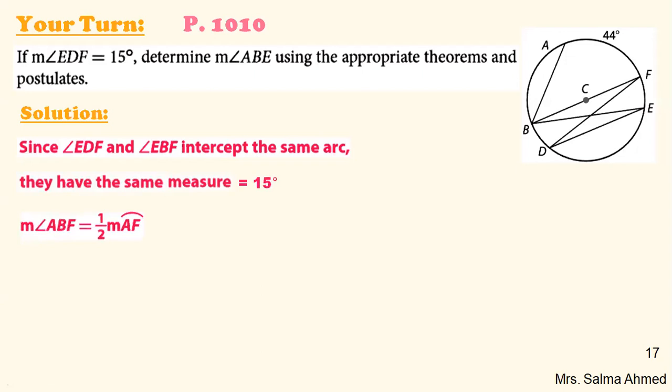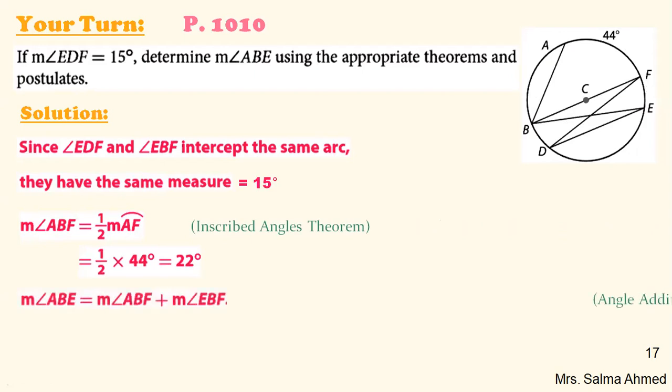Okay, the measure of angle ABF is half that arc, because we have from the inscribed angle theorem that this inscribed angle is half the intercepted arc that we have. So half times 44 gives me 22.